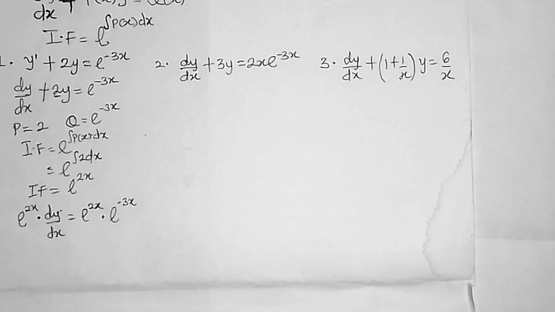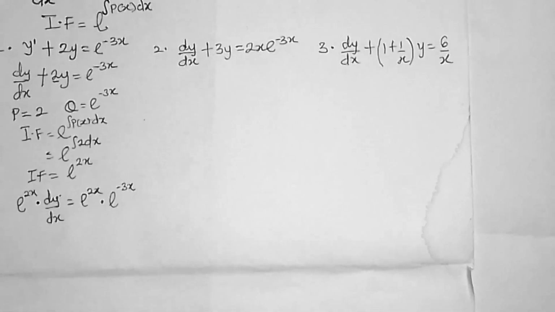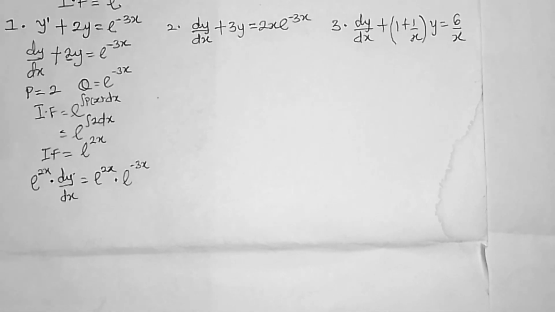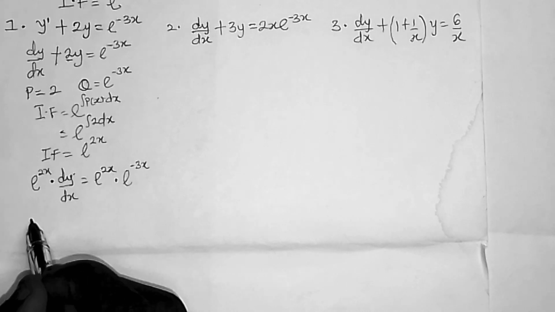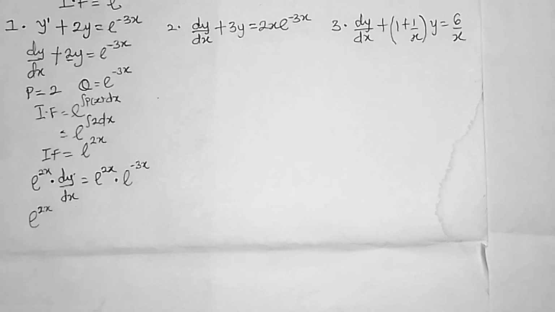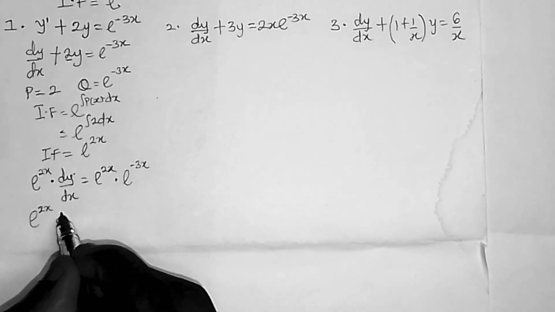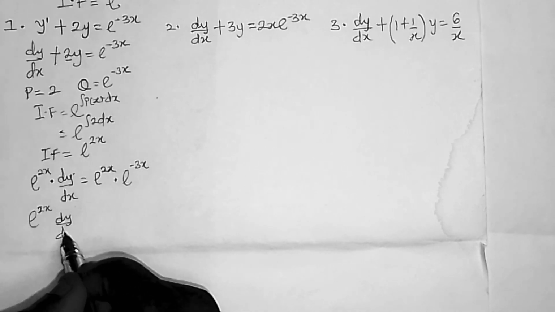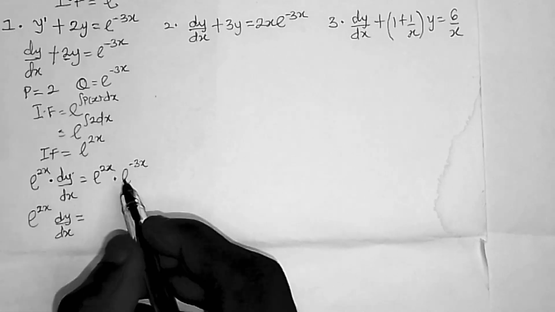Are you following that now? So that is the next important step. Then after that, let's finish up. To finish it up, you are going to have exponential 2x dy/dx, because you want to find y, equal to what?